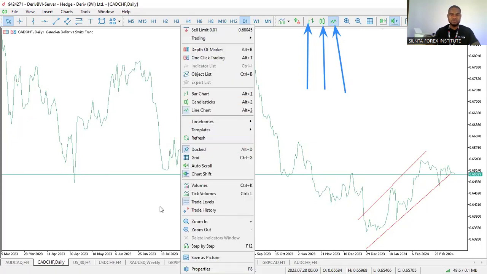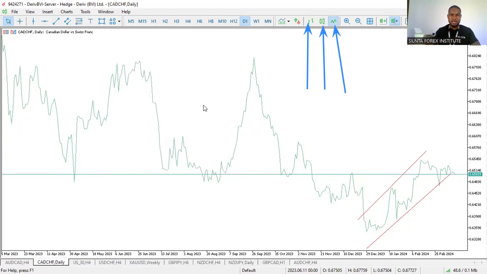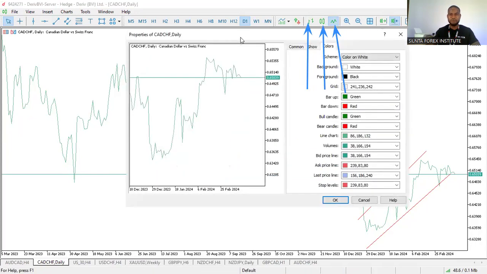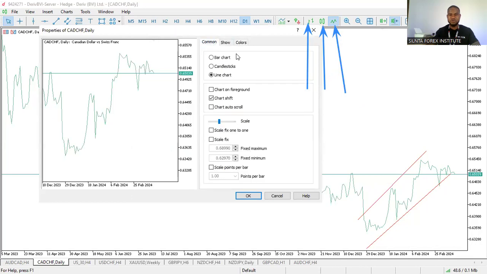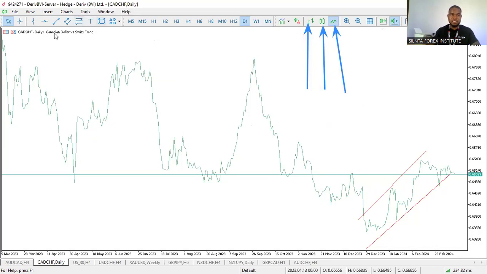I'm trying to right click, but it's not working. I haven't done it in a while, but if you play around with these settings, we should be able to change the size, the chart, the scales and so on, but we are not going to use it anyway. Let's not waste time here. What we are seeing is this.